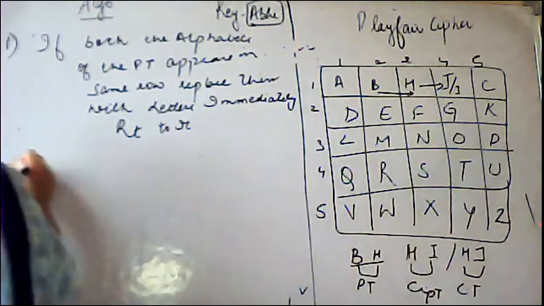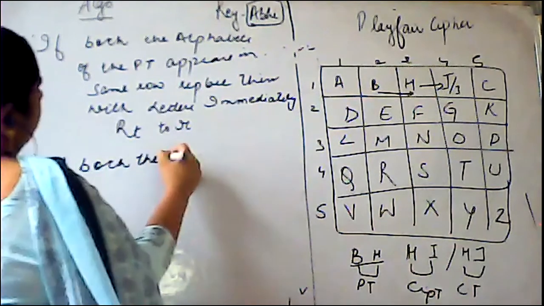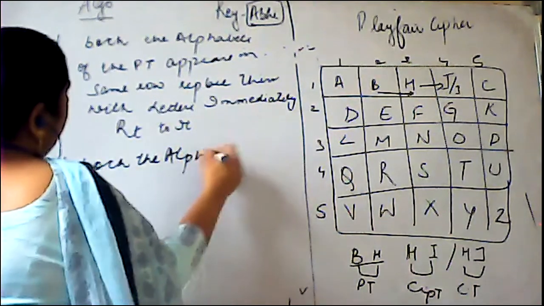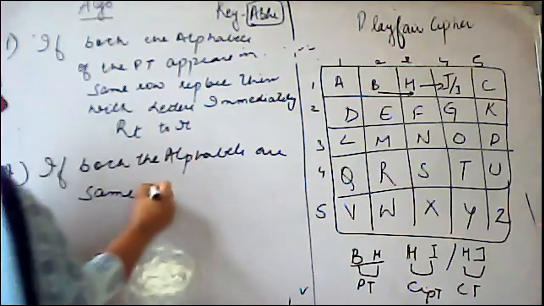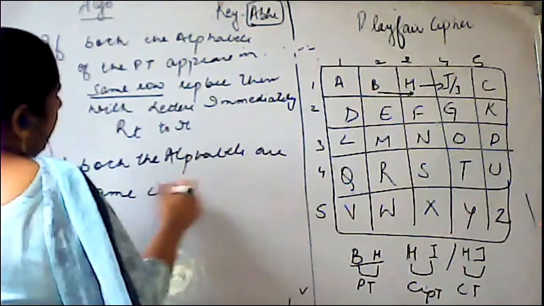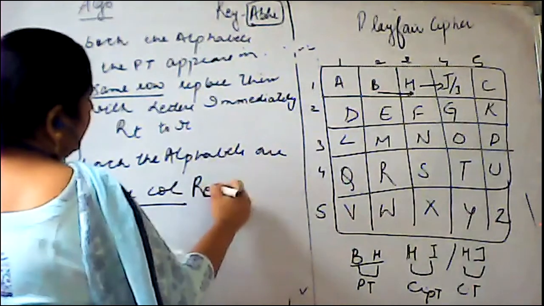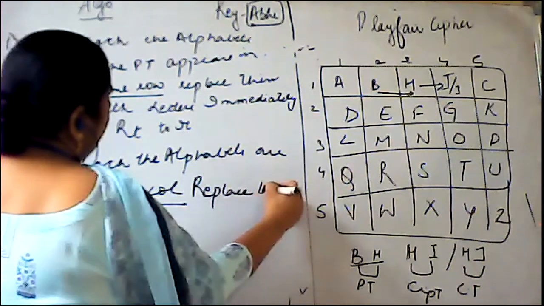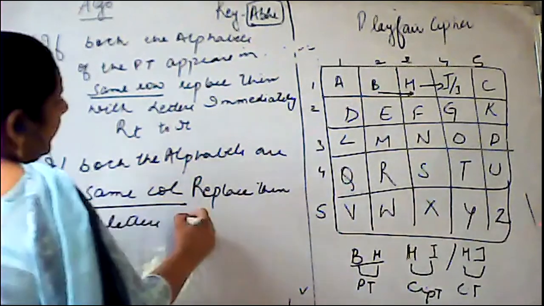Second, if both the alphabets are in the same column, same row we have done, same column, then replace them with the letters immediately below them.